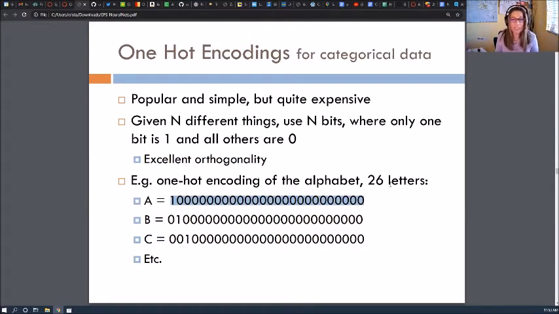In fact, a lot of work in natural language processing has to do with figuring out the best encodings for natural language, for words rather than just characters. But in any case, for a lot of problems where you have a relatively small number of categories of symbols, one-hot encoding is definitely the best.